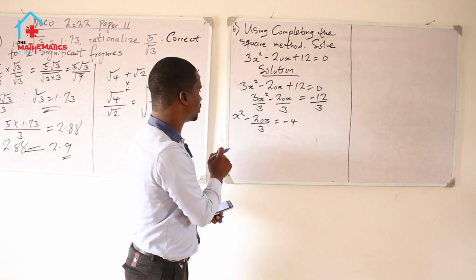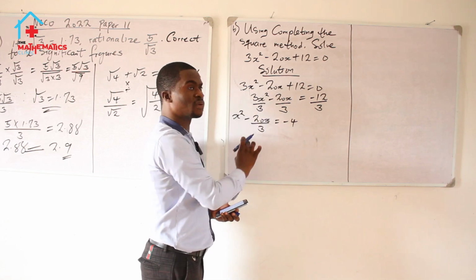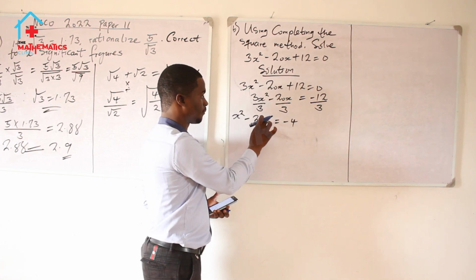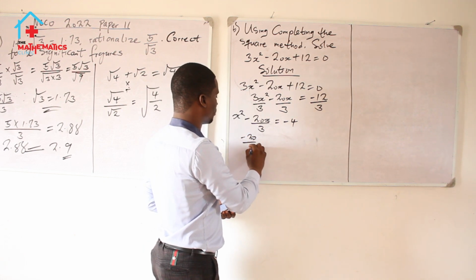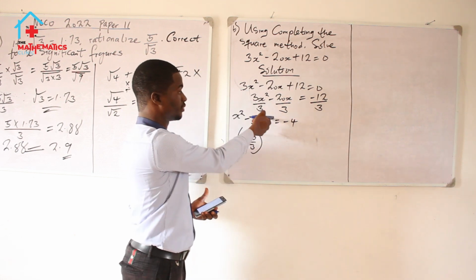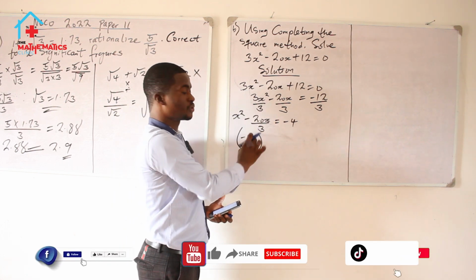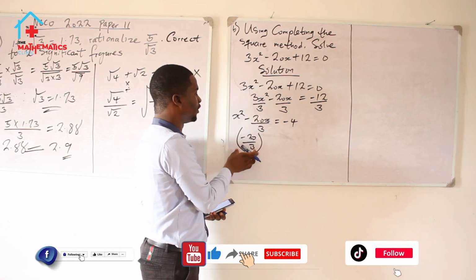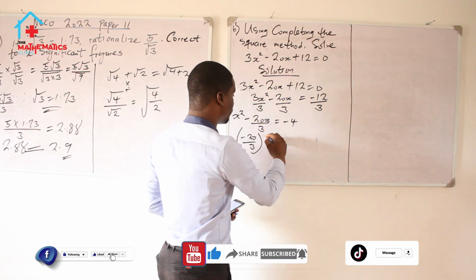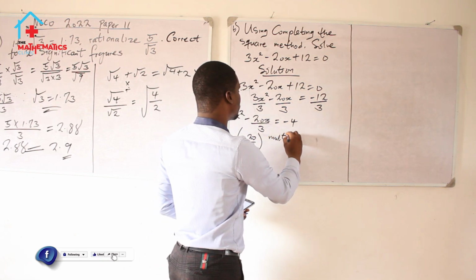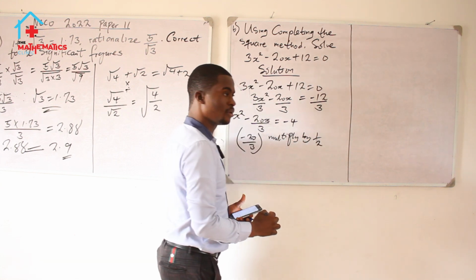Now the next step, watch this. The next step is to get the coefficient of x. Now the coefficient of x is minus 20 over 3. Okay, not 20, the coefficient of x is minus 20 over 3. Now take the coefficient of x, multiply by half, right?